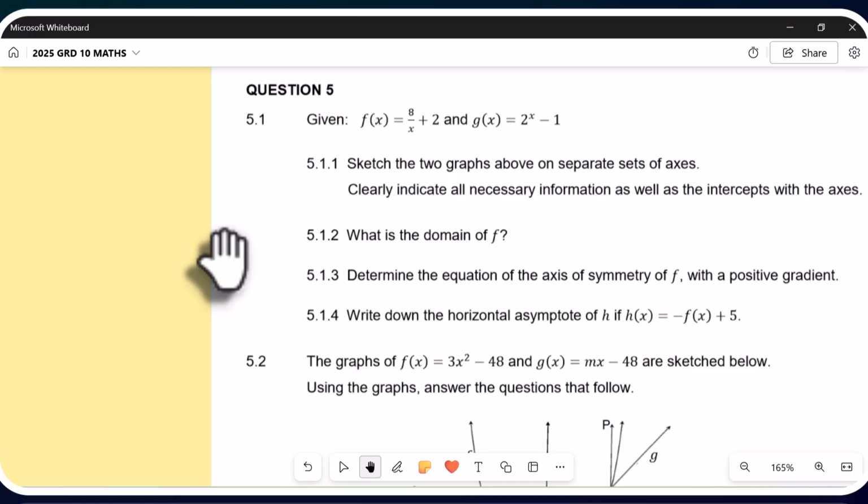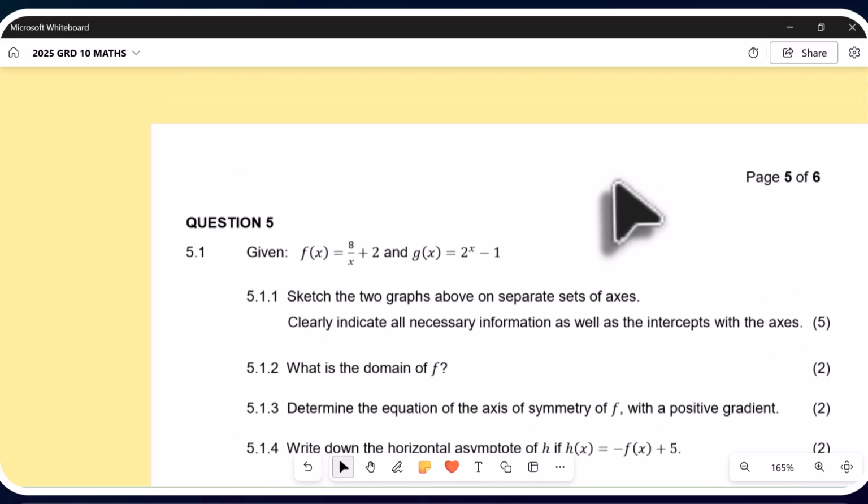Sketch the graphs of f(x) and g(x) on separate sets of axes. Clearly indicate all necessary information as well as the intercepts with the axes. So when I come to draw my graph here, I'm going to make it a little bit longer here. I don't know why it's not helping me.